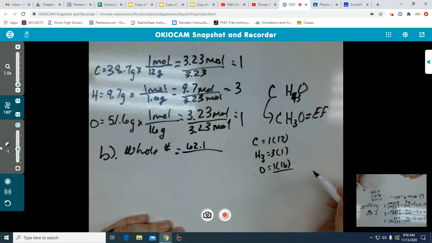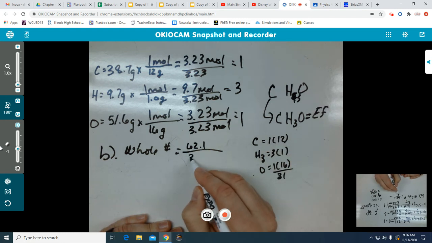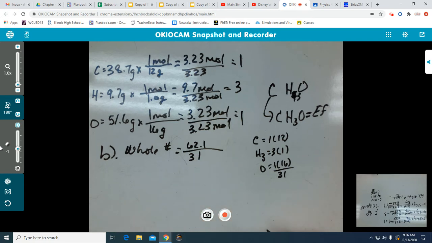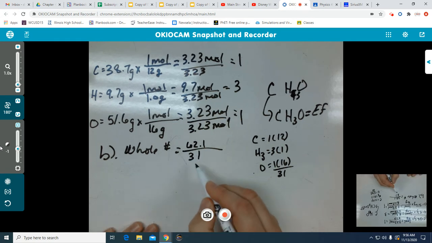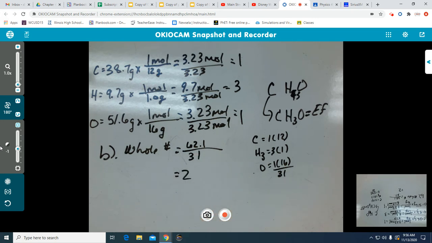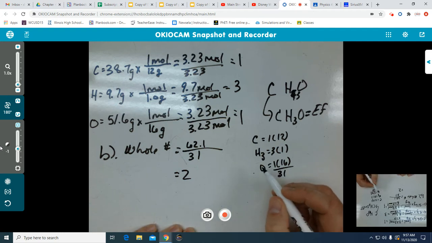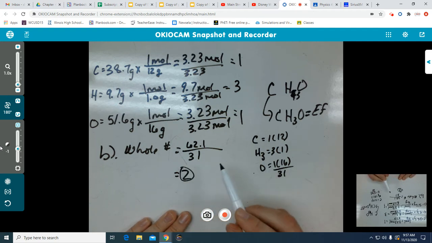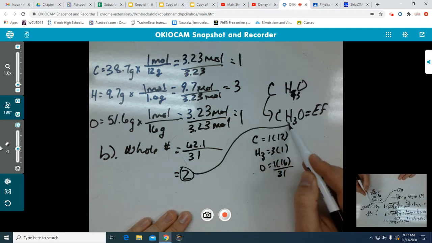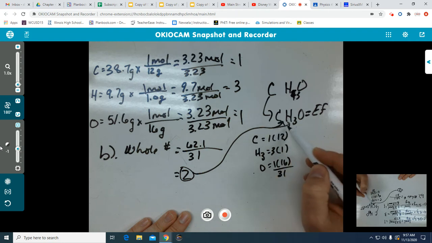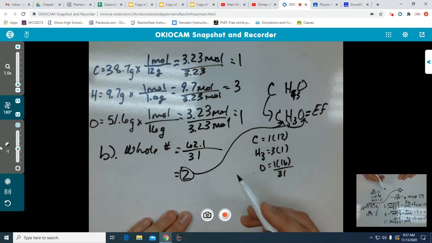You multiply, then sum all those up, and you should get 31. Okay? And so you take 62.1 divided by 31, and you should get a whole number multiple of 2. So you take this whole number multiple of 2 and multiply it by all subscripts, whether they're listed or not.